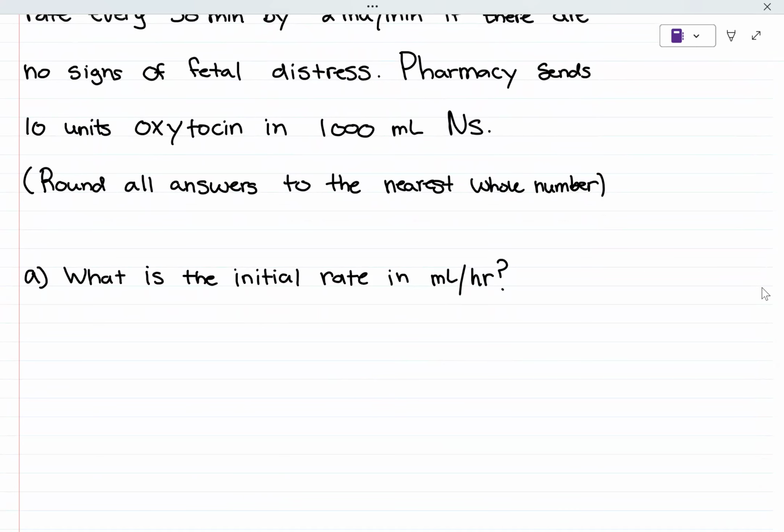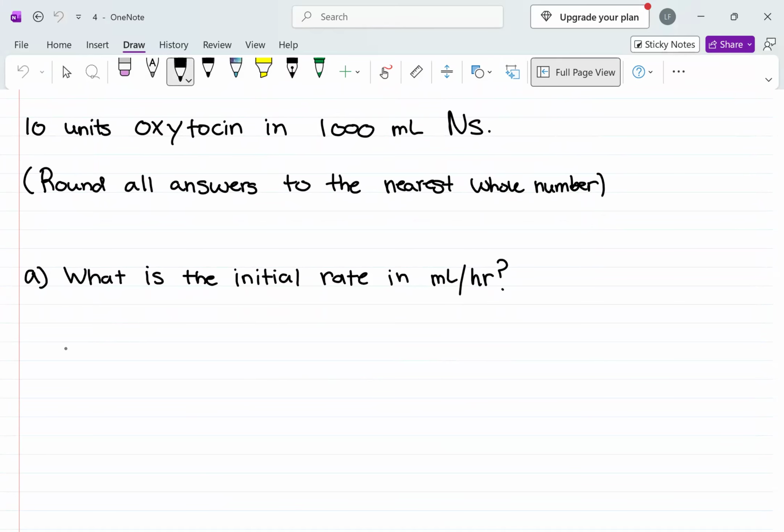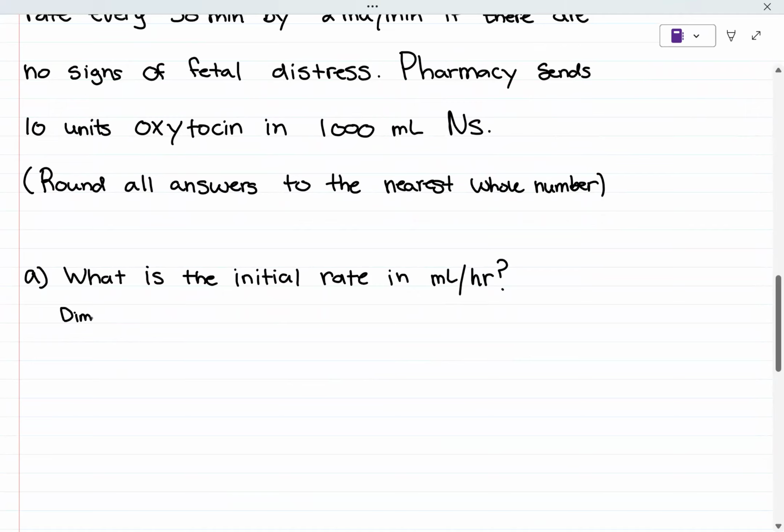The first part says, what is the initial rate in milliliters per hour? In part A, I would just do this using dimensional analysis. I think that would be a lot easier. You start with the 2 MU per minute.